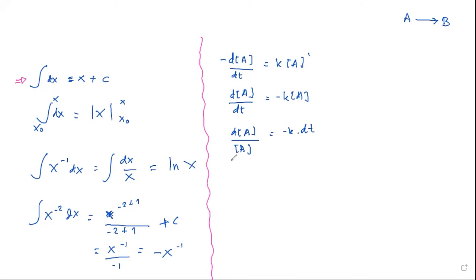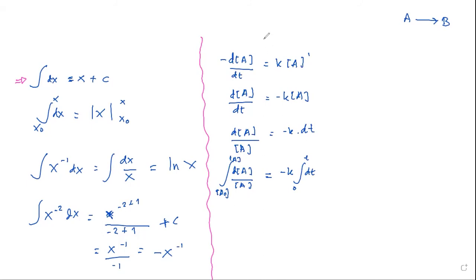And then the integral of dA over A equals negative k times the integral of dt from 0 to t, and this from the initial concentration to A at a particular time.